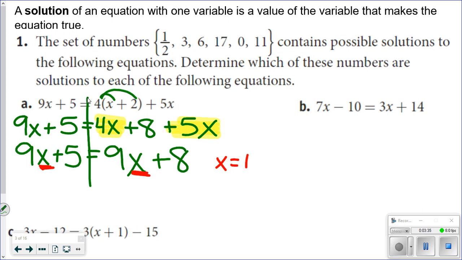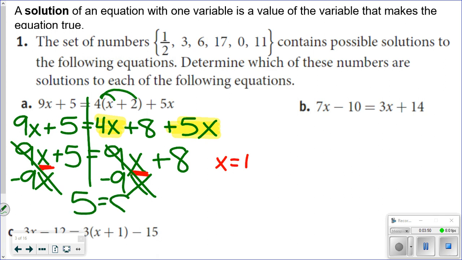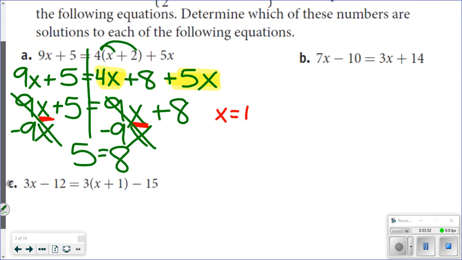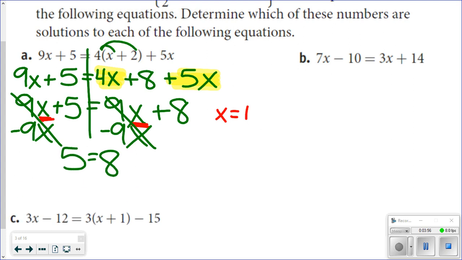Or if I take this a step further and get my x terms together on one side, so subtract 9x, those cancel. Subtract 9x, those cancel. I'm left with 5 equals 8. Is 5 ever going to equal 8?